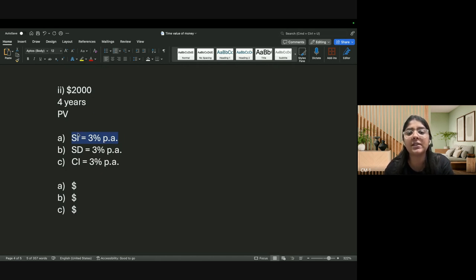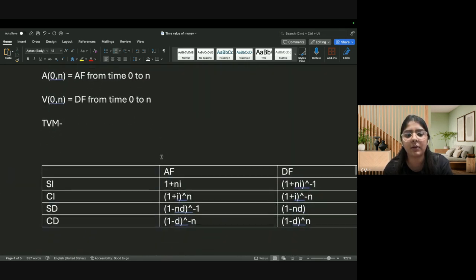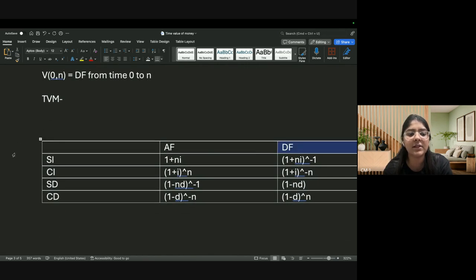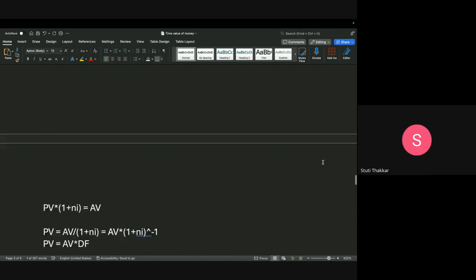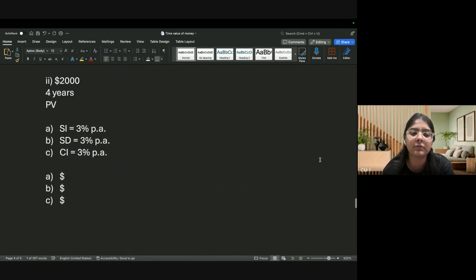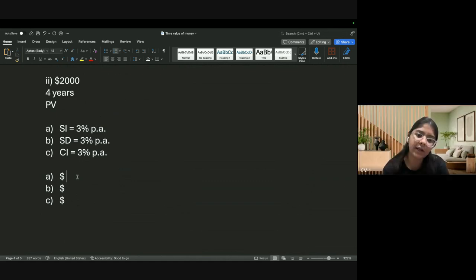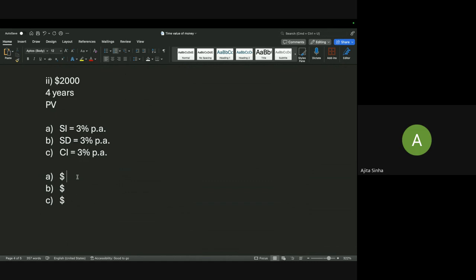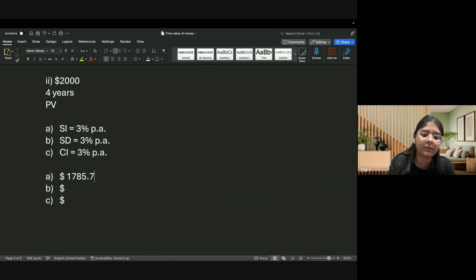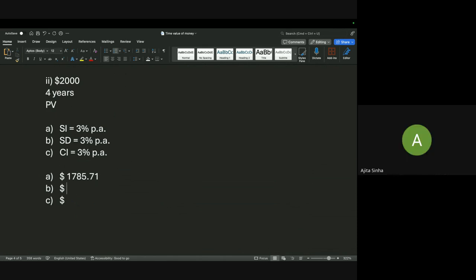What is the discounting factor using a simple rate of interest? The equation will be 2000 divided by 1 plus 4 into 0.03, correct? Which comes out to be 1785.71. Correct. Very good.